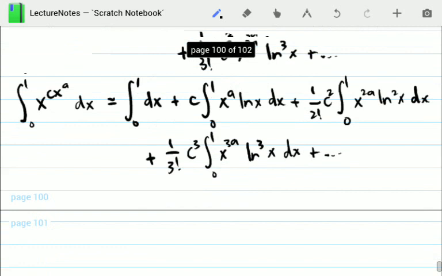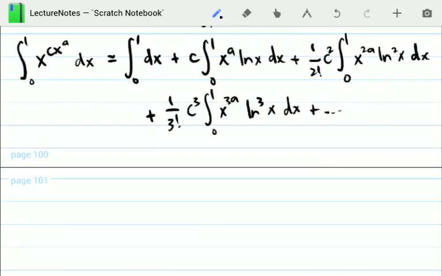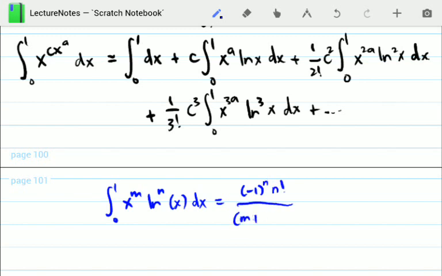Okay, and now this is where the magic happens, because now we can actually use, if you recall, the identity that we've shown on the first page. Let me write that here: the integral of x to the m ln to the n x dx, which we said was equal to negative 1 to the n times n factorial over m plus 1 to the n plus 1. As you can see, this general integral gives the terms of the expansion, barring the first term.